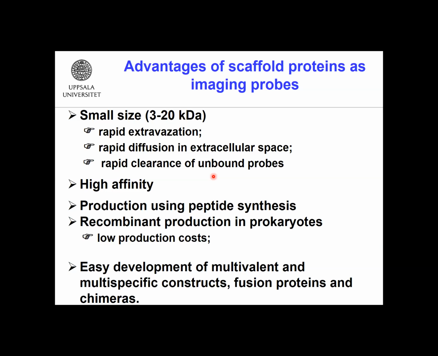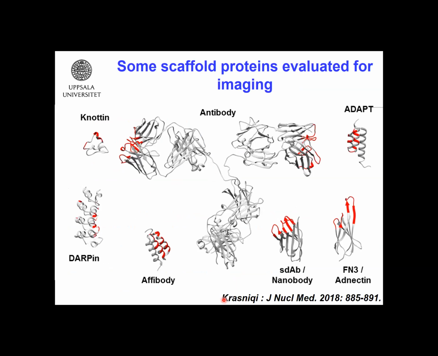So we could produce scaffold proteins much cheaper than antibodies. And by gene engineering, you could relatively easily create multimeric constructs, multivalent constructs, fusion proteins, chimeras where the protein is genetically fused with, for example, peptide amino acids and so on. So now it's a rather hot area in big pharma.